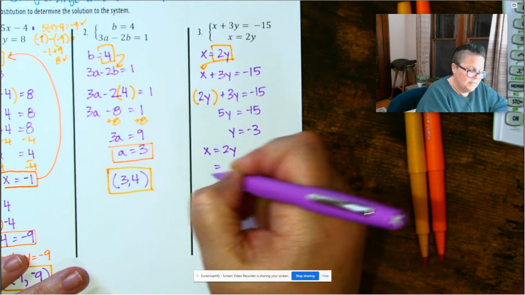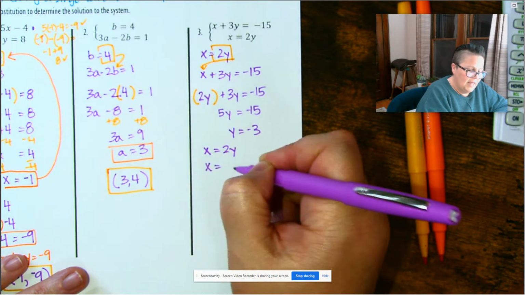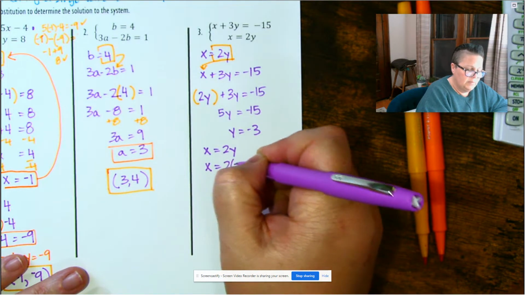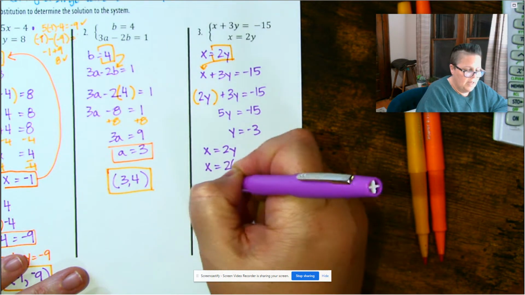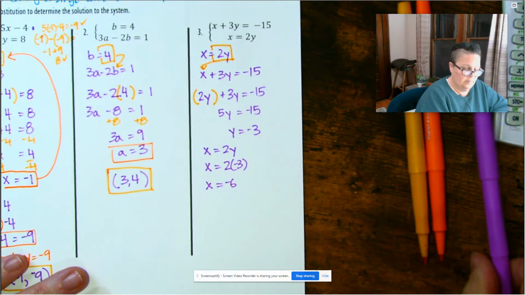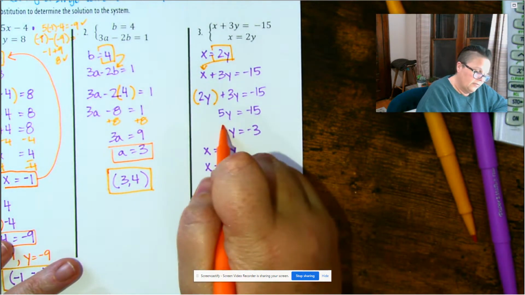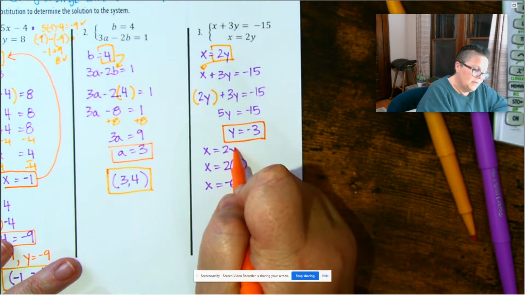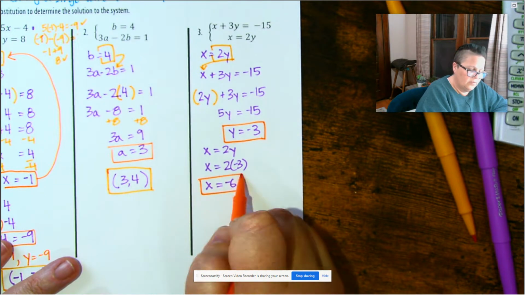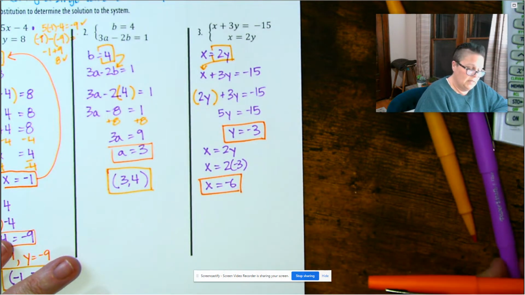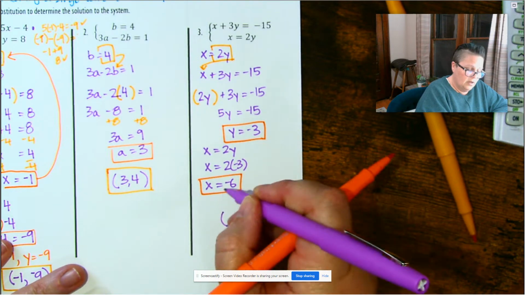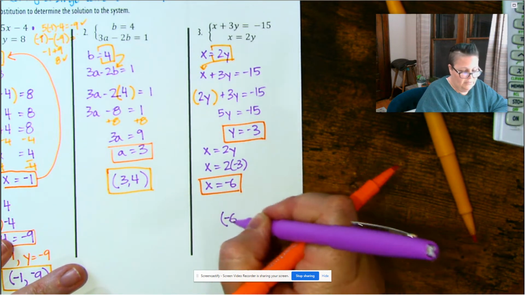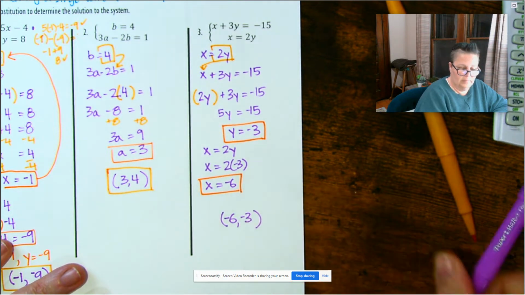If my y is a negative 3, then x should be 2 times that negative 3, and x should be negative 6. Notice I found the y first. Once I knew it, I put it in to solve for the x. This gives me the solution of x, y, or negative 6, negative 3.